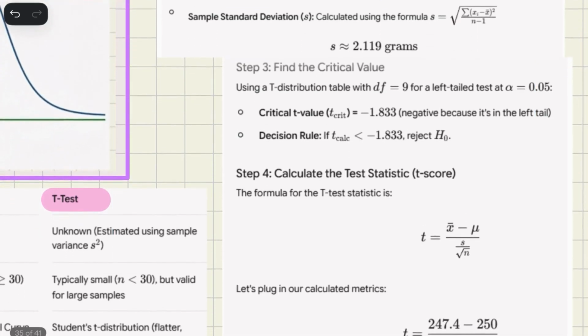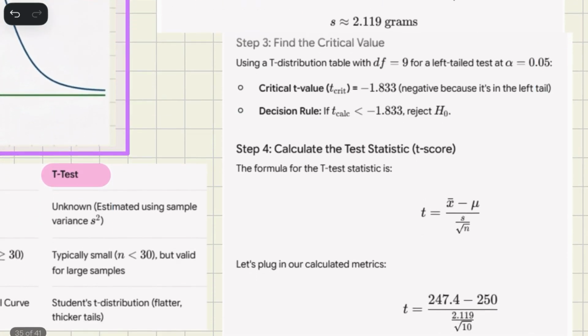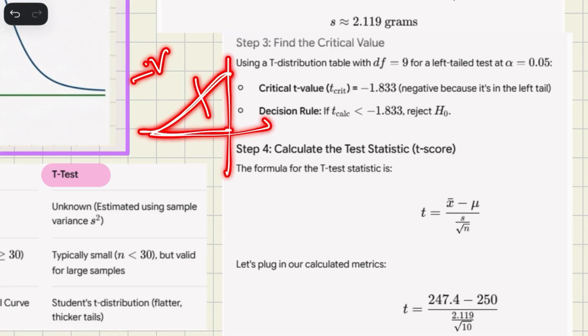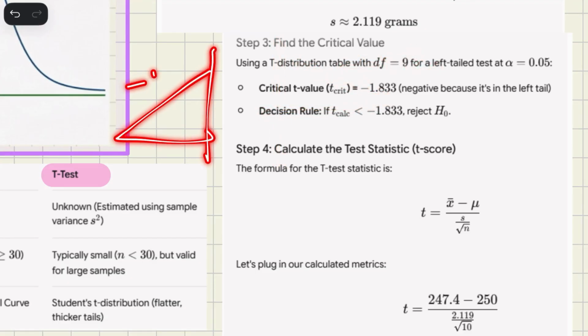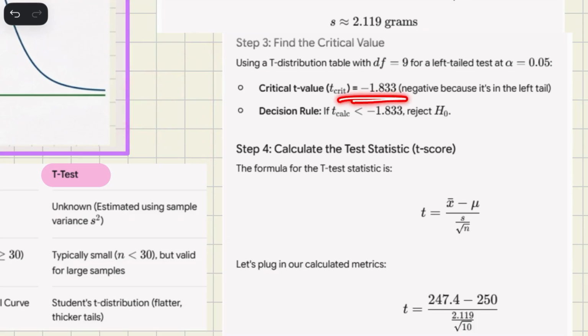Since it is a left tail test, on the left that means it is negative, and if it is a right tail test, then we consider the positive value. So since it is a left tail test, we will be considering the negative value, that means minus 1.833.